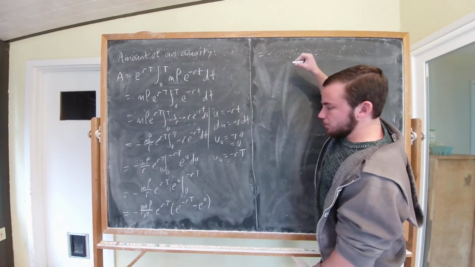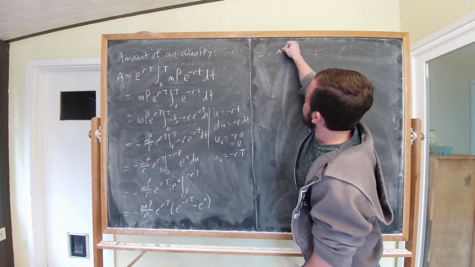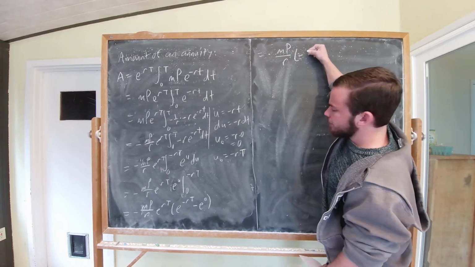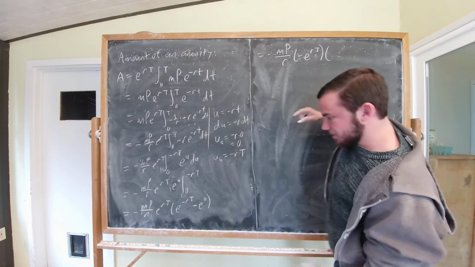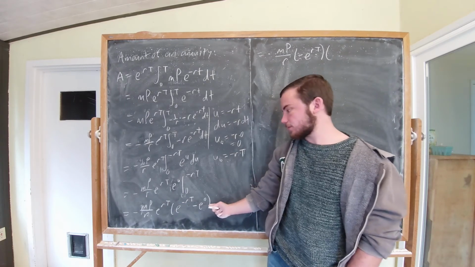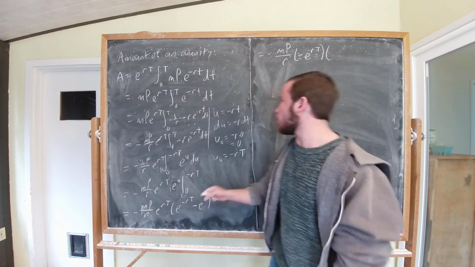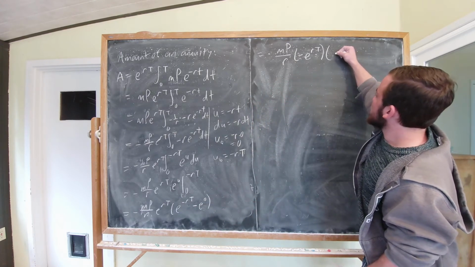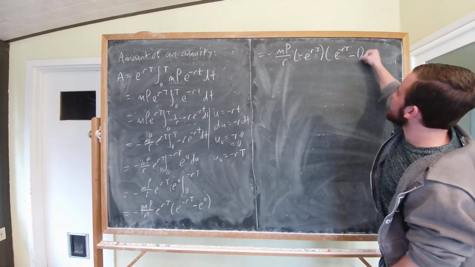Which is equal to, I'm just going to group some terms real fast to make things easy. We have mP over little r times negative e to the rT times, what's this? Well, this is 1 right here, and this is negative rT still. So we have e to the negative rT minus 1.